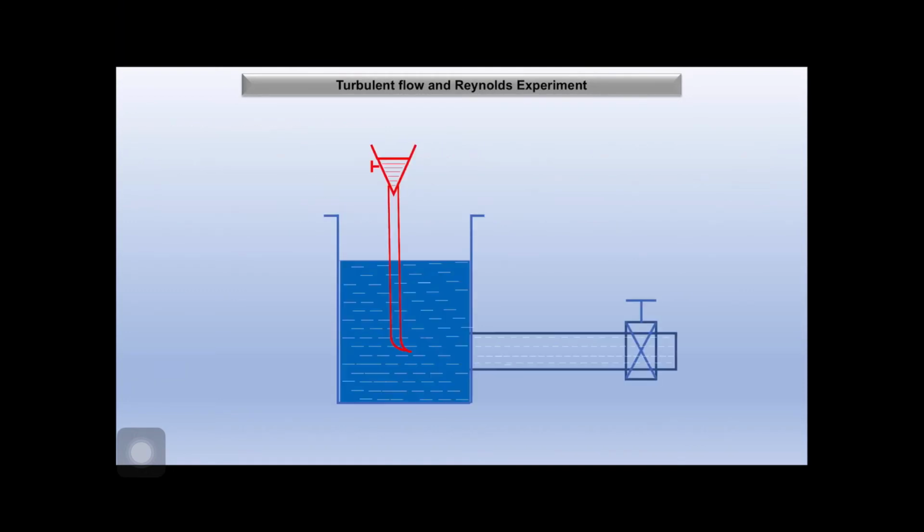Here you can see that when we turn the regulating valve such that the velocity of the fluid in the glass tube is low, and we introduce the dye, it has a straight flow, and this flow is parallel to the glass tube.